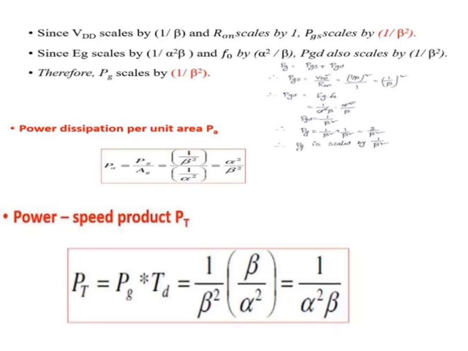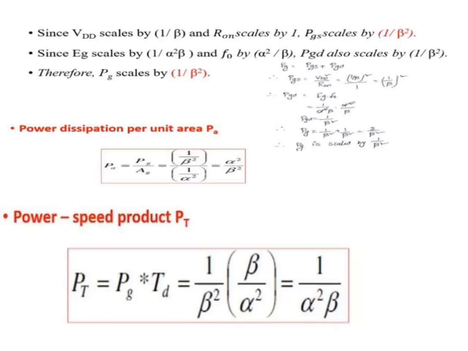If you elaborate, VDD is scaled by 1 by beta, R1 is 1, so static power is given by 1 by beta square, and Eg scales by 1 by alpha square into beta. So the dynamic power also scales by 1 by beta square. Therefore Pg is scaled by a factor of 1 by beta square.